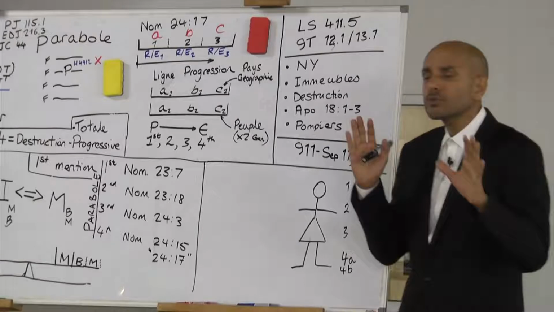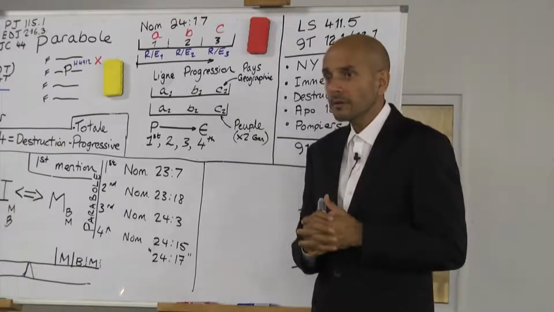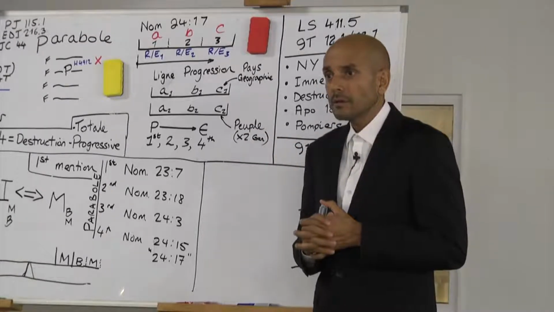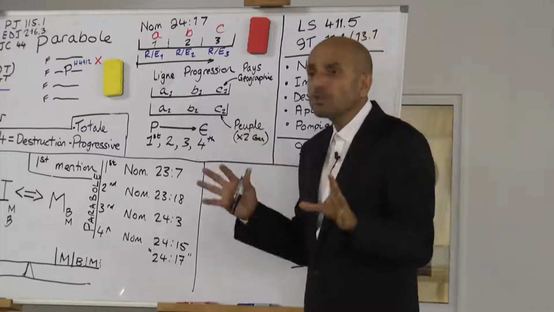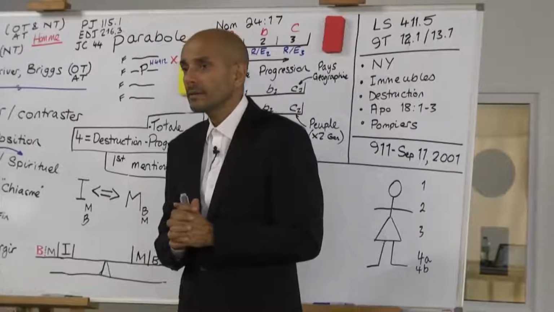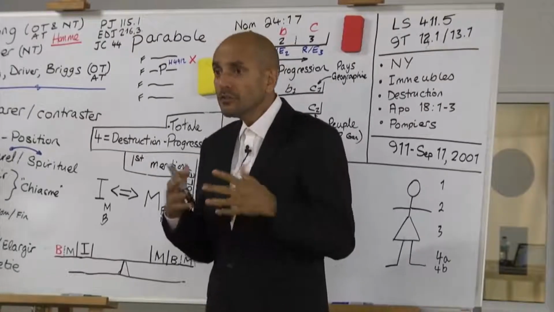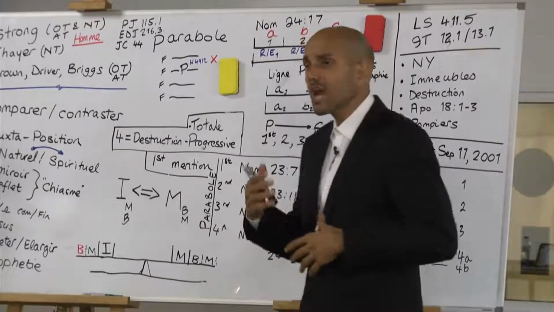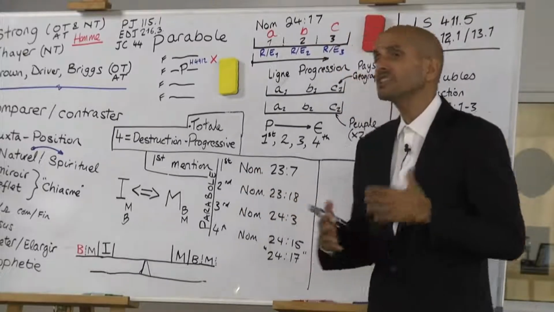So can we see that that's a repeat and enlarge now? I'm sure most of us have never noticed that, even though we've read the chapters many times. You've probably seen many studies on it.